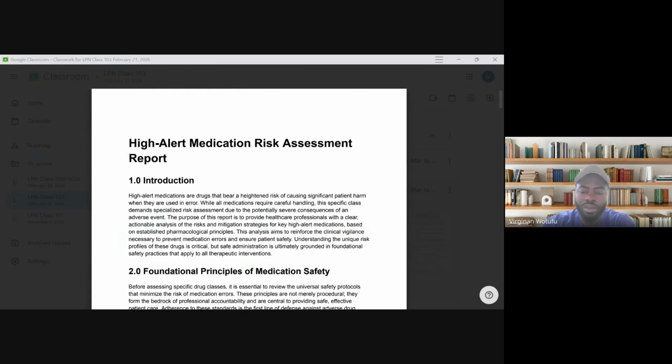High alert medications are drugs that carry a high risk of causing significant patient harm if an error occurs, right? So we should monitor closely during administration or even after administration. You analyze the risk and get strategies to correct or reduce the damage done by the medication if it occurs.